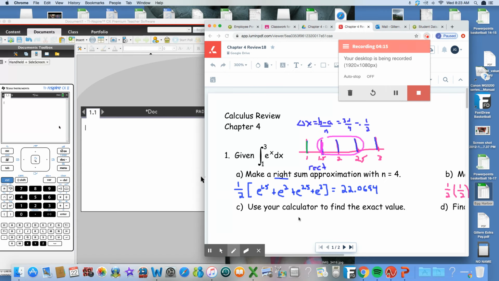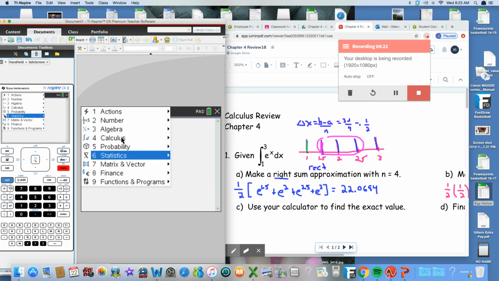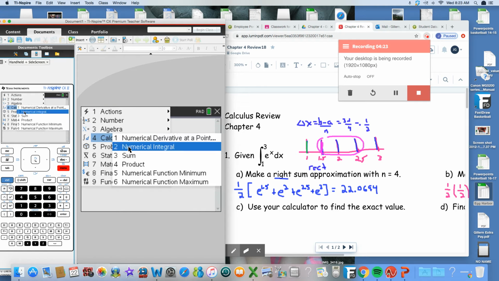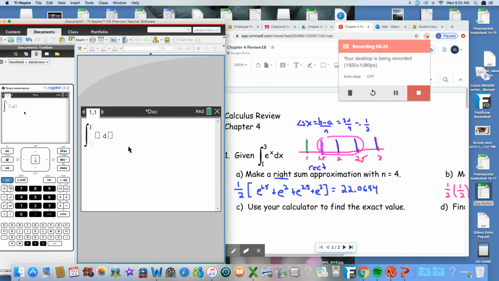All right, so now to use the calculator to find the exact value. You get your calculator screen and you're going to hit menu, 4 for calculus, 2 for numerical integral. So menu 42. And then you're going to plug in your equation.